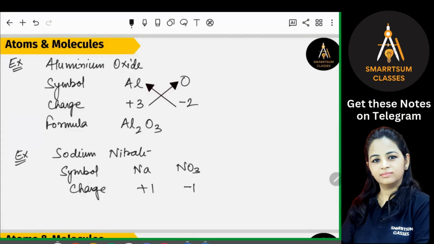You can see that table for the charges. So nitrate ion is having -1 charge. Now again we can use the crisscross method and we will write down the formula as NaNO3. This is sodium nitrate, the formula for sodium nitrate. Please write down.